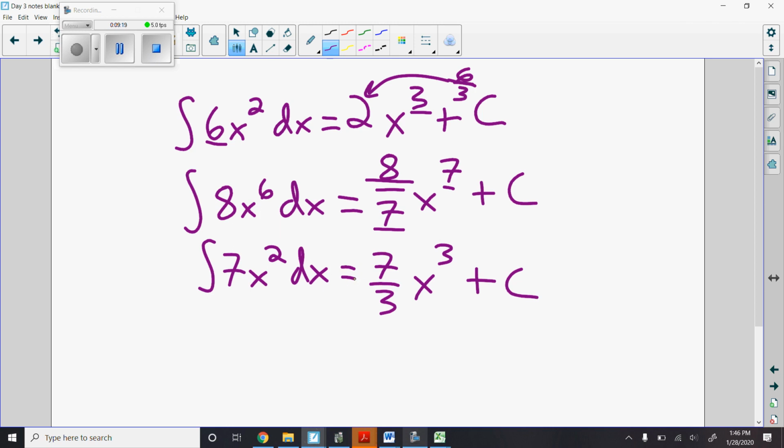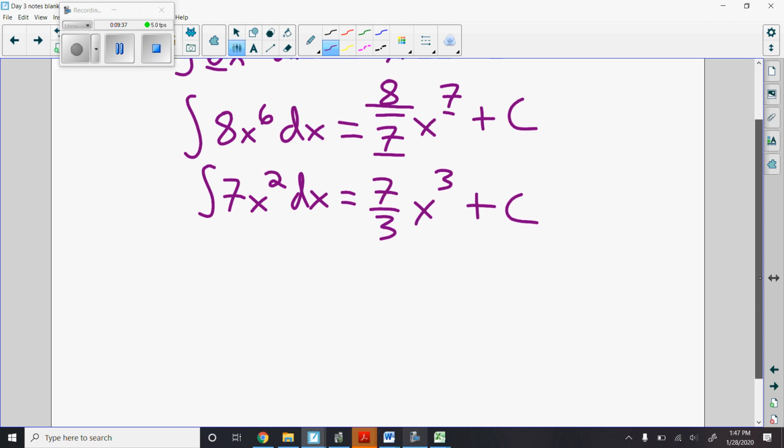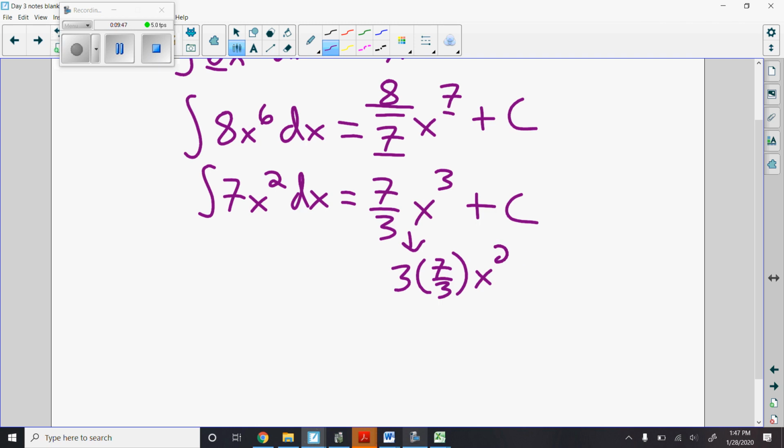You can always test your antiderivative to see if it's correct by doing the derivative of your answer, right? Just like when you learn to subtract, you could check it by doing addition. Same idea here. So if I do the derivative of this, 7/3 x cubed, I'm going to have 3 times 7/3 x squared.